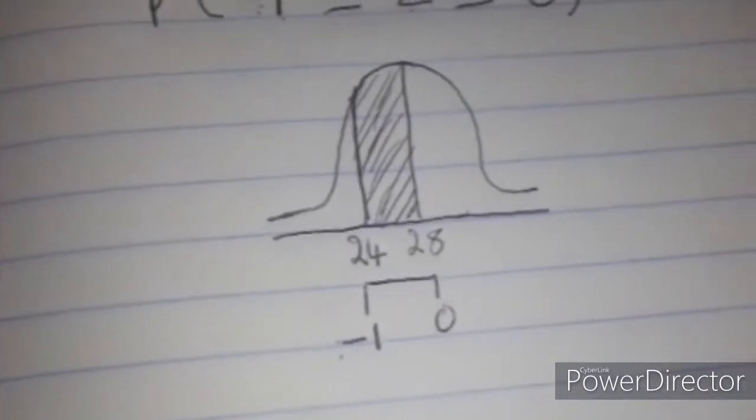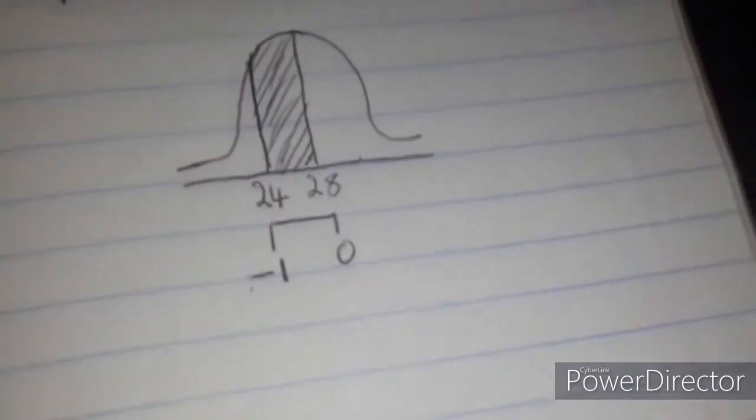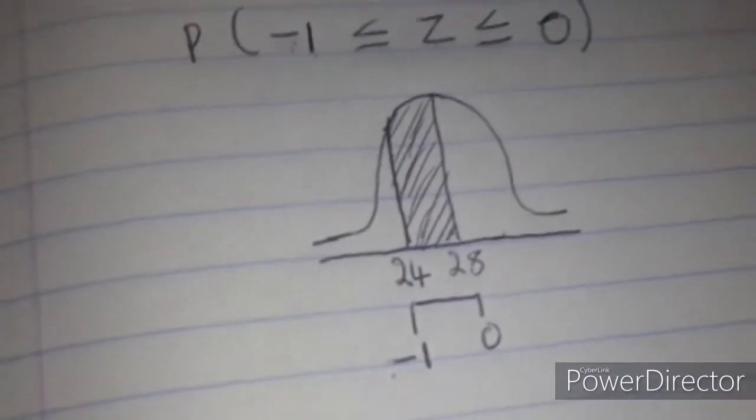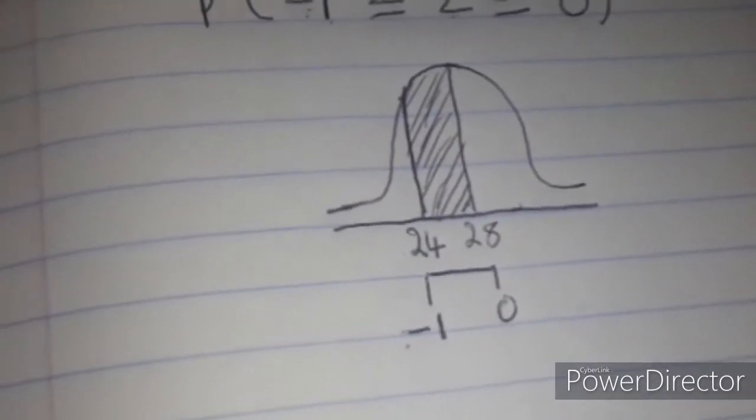So we are going to the normal distribution table and check for negative 1.